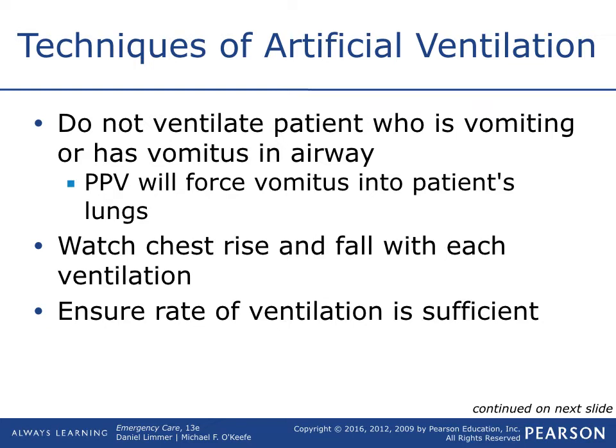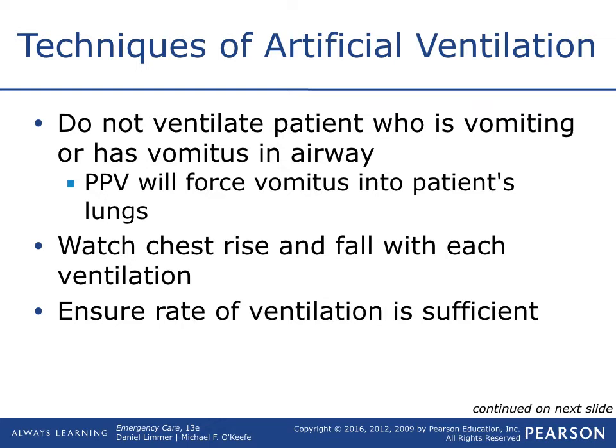Watch chest rise and fall with each ventilation, because you might have a good seal. If you practiced on Annie, Annie's more complicated than a live human, but it's good practice because one breath you might have good chest rise, the second one you don't. So keep watching that chest rise, and every so often take your stethoscope and listen to all four lobes.